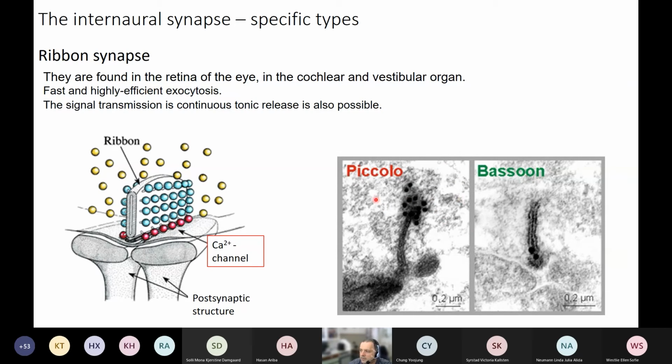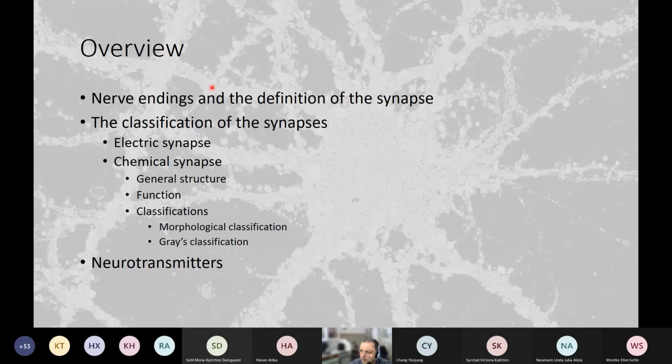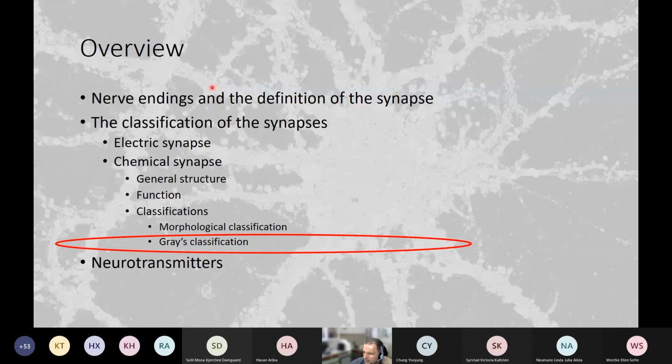There are also specific subtypes of that, depending on how the neurotransmitter vesicles are distributed, but I don't want to go into those details. It's enough if you know that they are found in the sensory organs. With electron microscope, you can find these kinds of synapses. They are rare synapses.